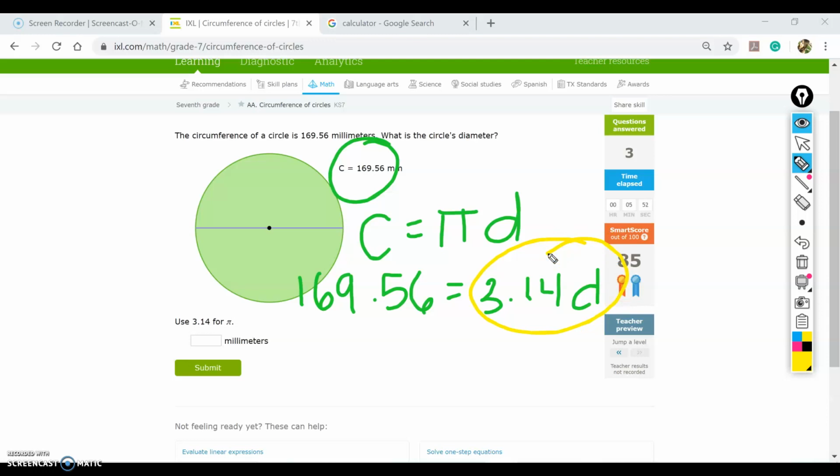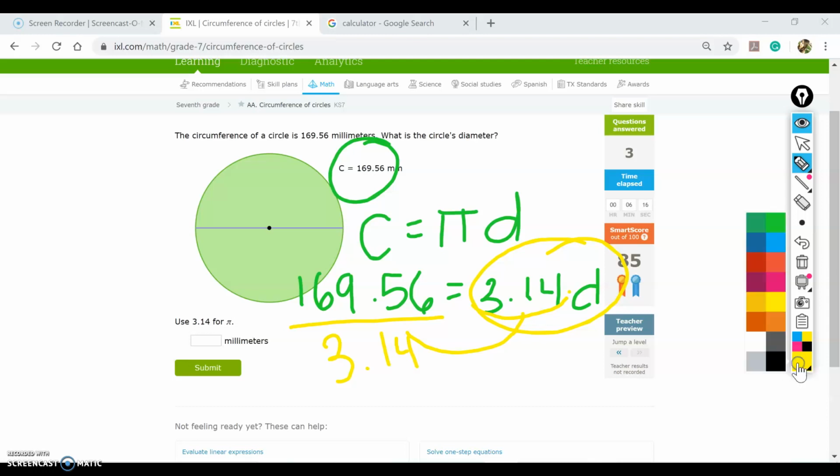Look how that 3.14 is multiplying the d. So what I'm going to do is take the 3.14 and divide. So I'm going to divide 169.56 by 3.14, and you're going to get that the diameter is equal to 54.